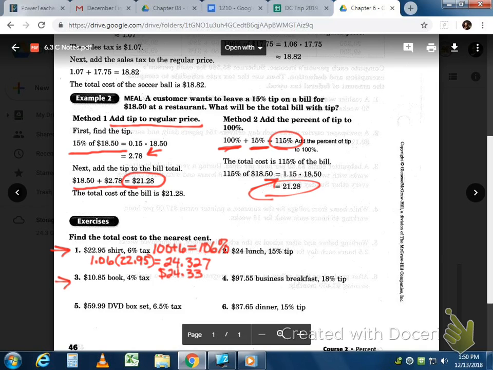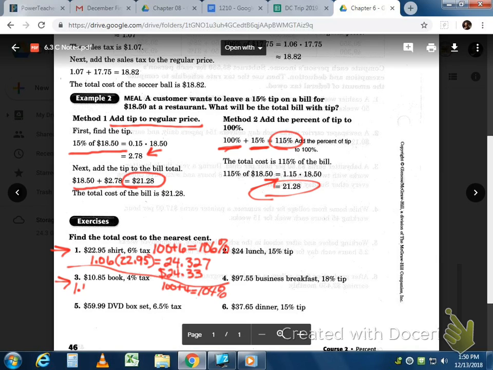Olivia, you going to do the second one? Okay, it's a $10.85 book, and there's a 4% tax. So what are we going to do, Olivia? 100 plus 4, so what percent am I going to use? Yes, 104%, you're right.